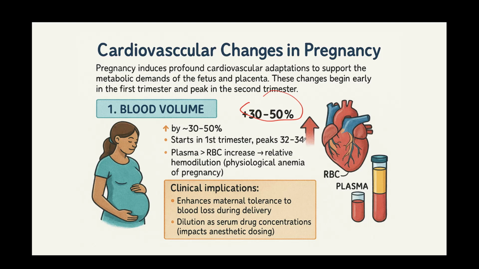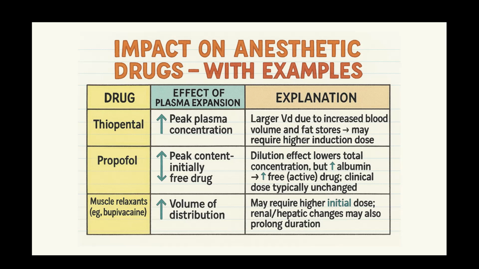Volume distribution will be affected because of the blood volume, and the reduction of albumin will also affect. So we have to take that with us when we want to dose our drugs, because it has an impact on anesthetic drugs. I will give you an example.